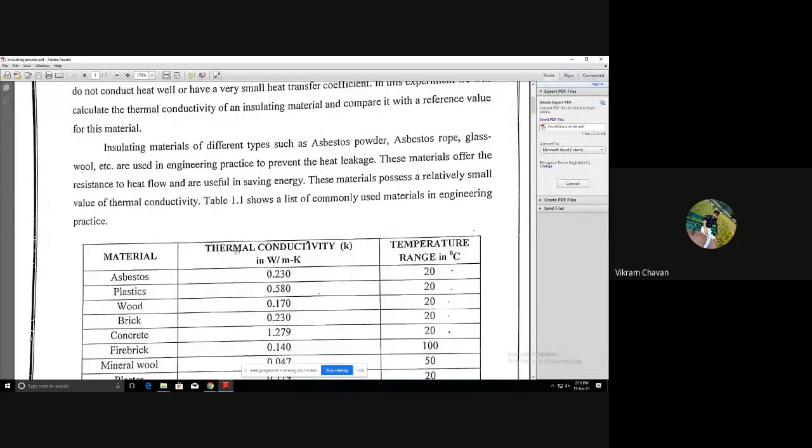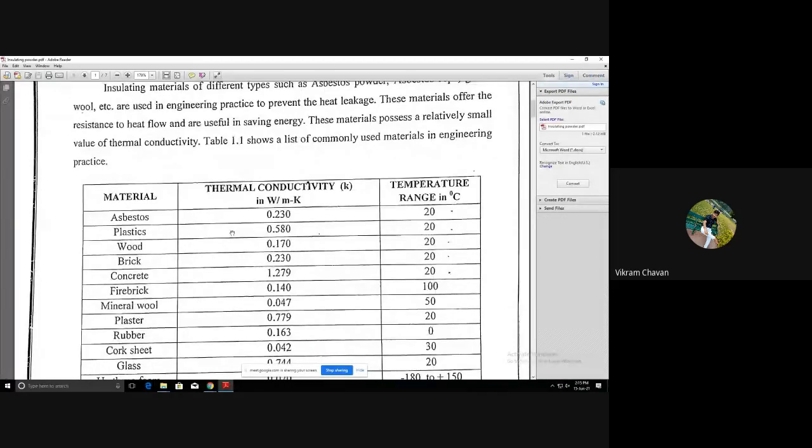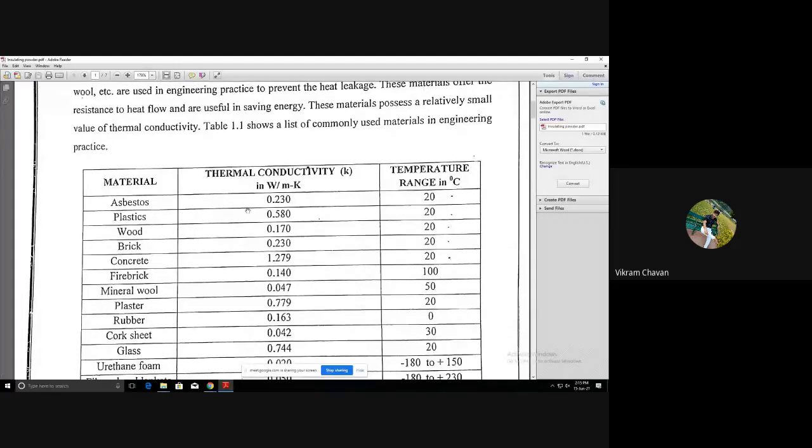Okay, so here are some of the materials listed in experiment number 1: asbestos, having thermal conductivity 0.230, and the working temperature range is up to 20 degrees Celsius.